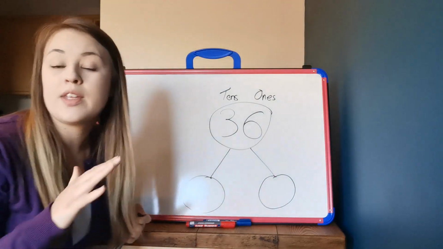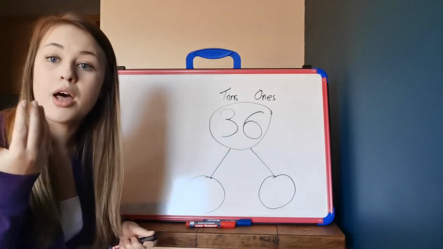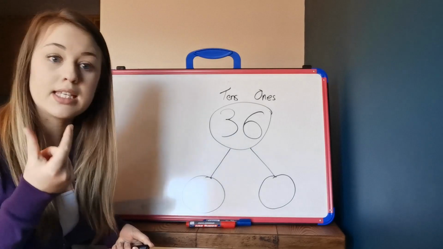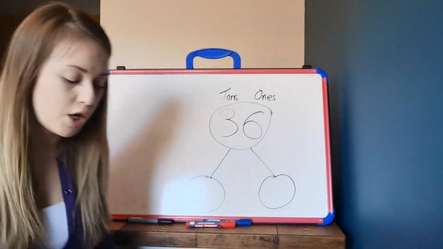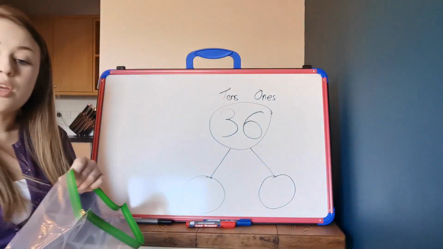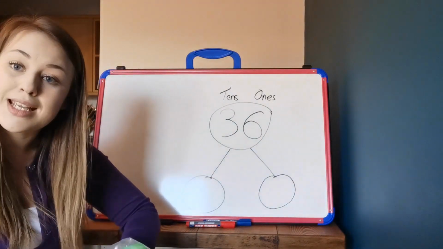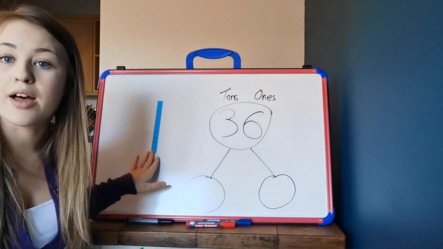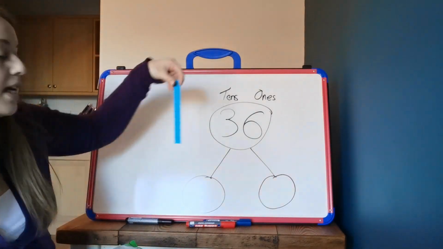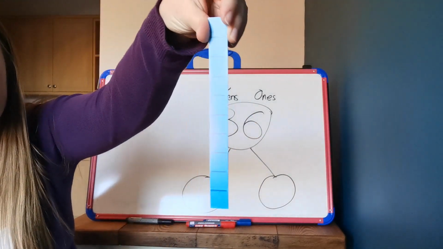Now, before we even get into using number representation, so by writing the number, we use practical and concrete methods to show this. One way that we show this is by using something called the Deans or the base 10 equipment. So in this, for instance, you'll have a tens block, so a tens Dean, which looks like this.